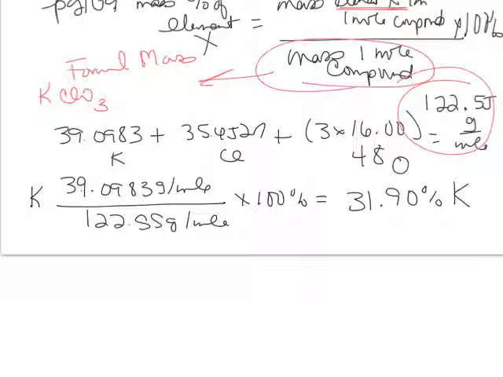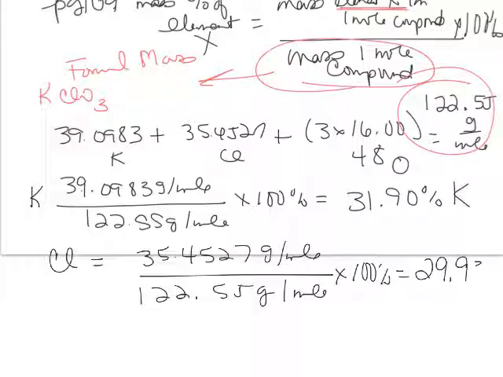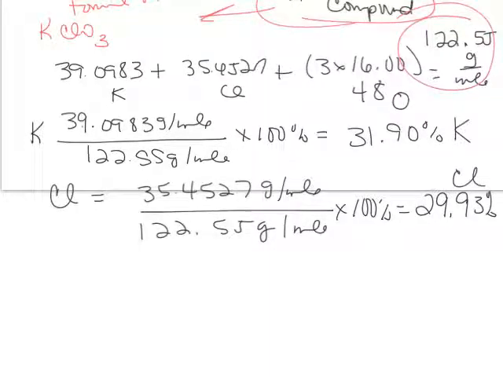Now we have to do the same thing for chlorine. The mass of the chlorine is 35.4527 grams per mole divided by the mass of the entire compound, 122.55 grams per mole, times 100%, which gives you 28.93% for chlorine. The last one is oxygen.